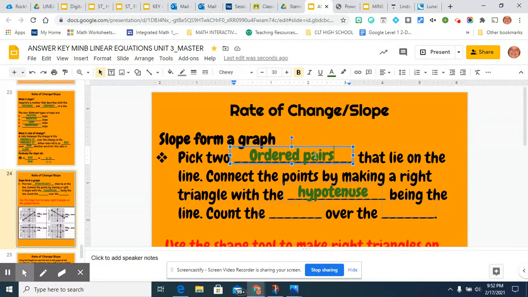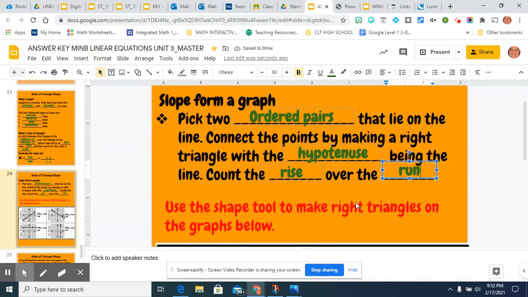So we pick 2 points or ordered pairs that lie on the line, and then connect the points by making a right triangle with the hypotenuse. And if you know how to make a right triangle, the longest side is called the hypotenuse. And that's going to basically be taken care of by our line. Then we count the rise over the run. So those two things make up our ratio.